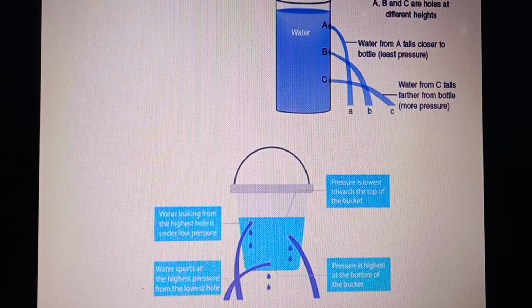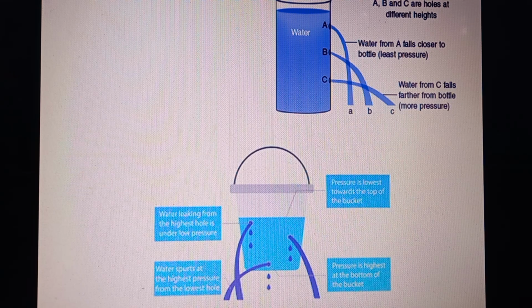We have holes A, B, and C at different heights, in a horizontal line or position. So this one is not in horizontal position, but in vertical position.